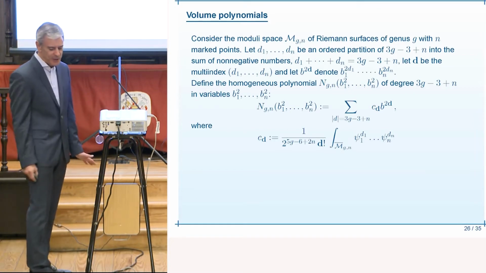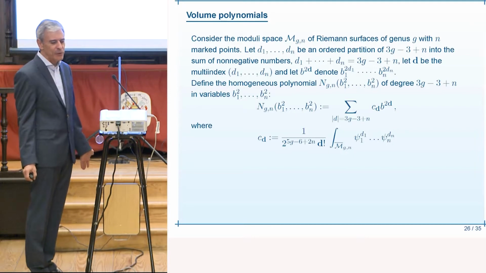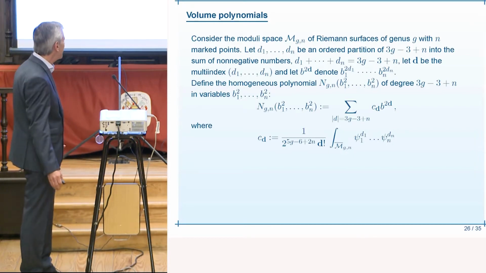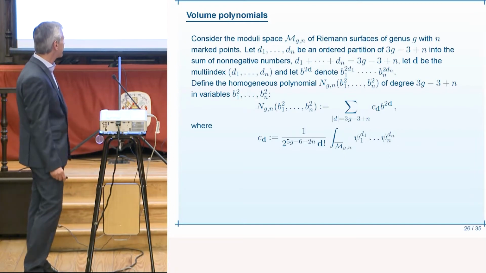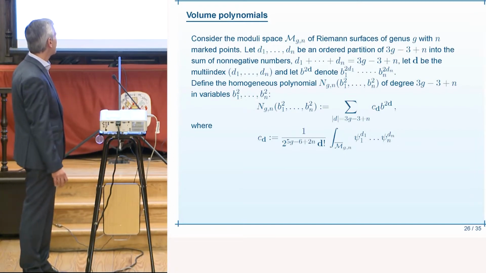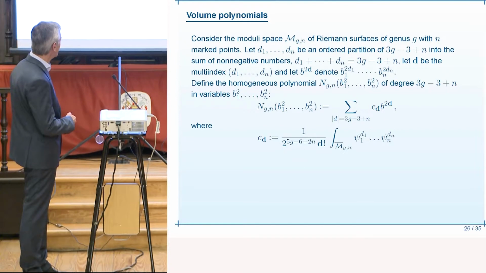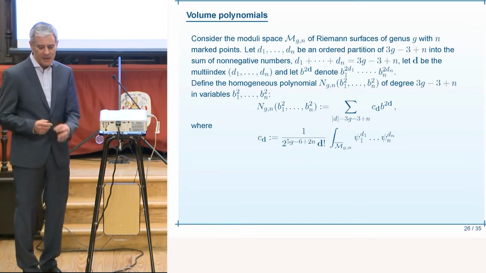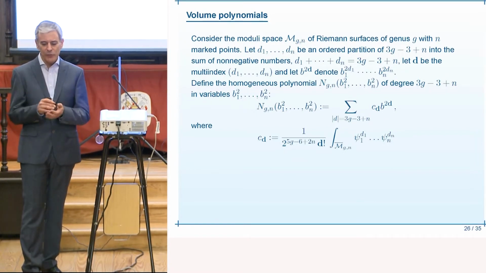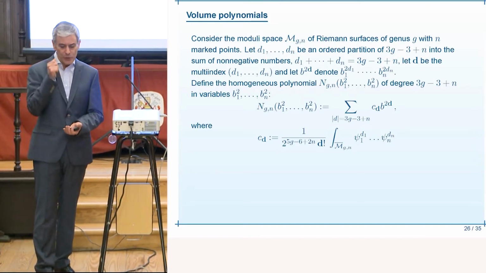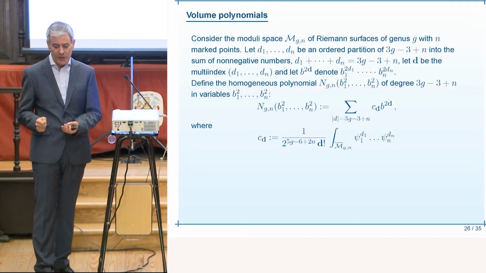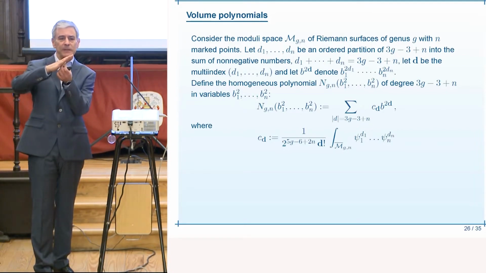I know that half of the audience are experts who know way better than me what are psi classes and what is the tautological ring and things like this, but just a reminder: if you have a moduli space like this, so it's moduli space of marked Riemann surfaces, and the marked points are numbered. We attribute the numbers to our marked points. We can choose point number 3 and consider the cotangent space to this point at our Riemann surface.